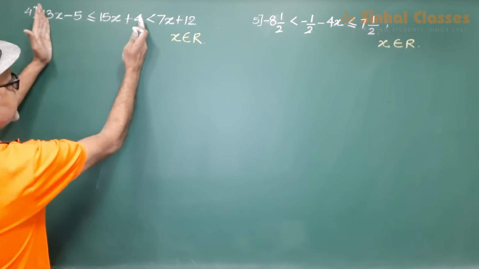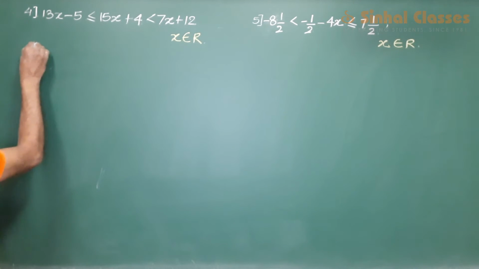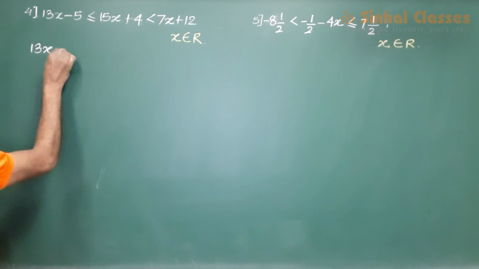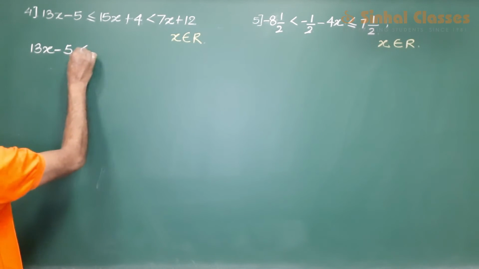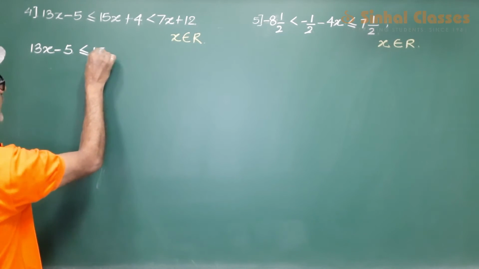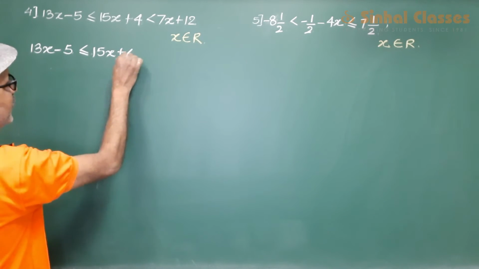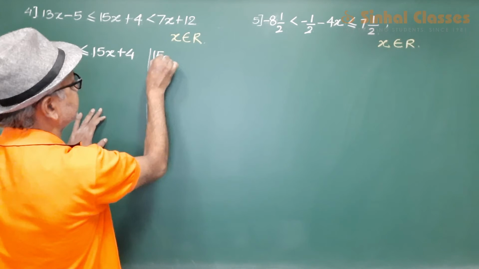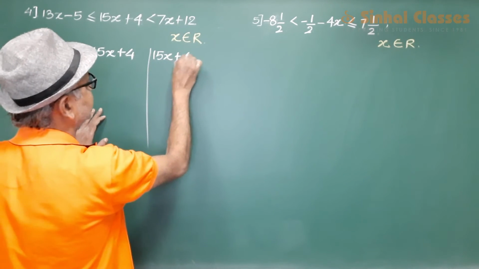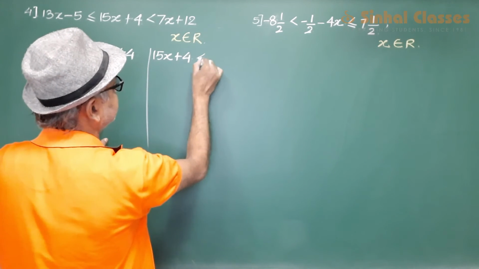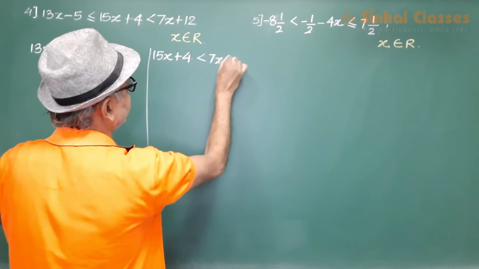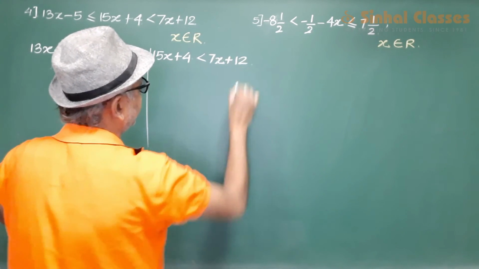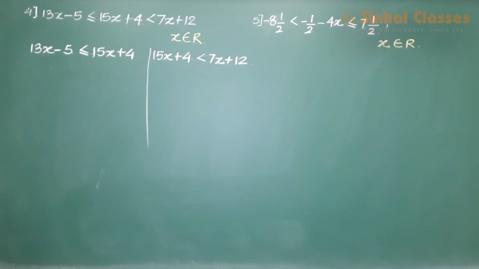The first part is this: 13x minus 5 lesser than or equals to 15x plus 4, whereas 15x plus 4 lesser than 7x plus 12, right?